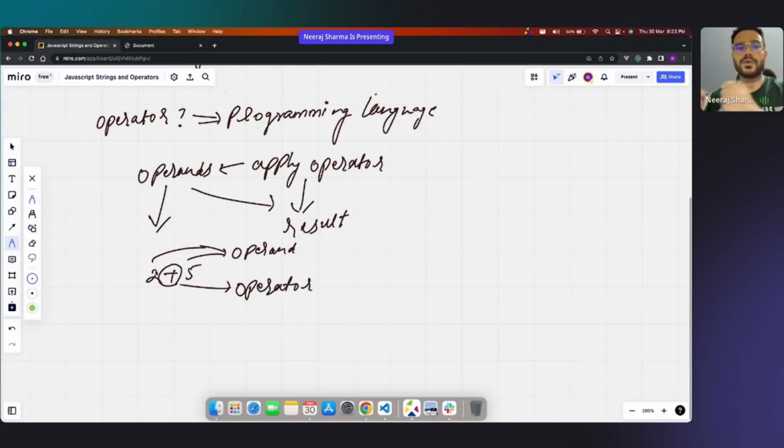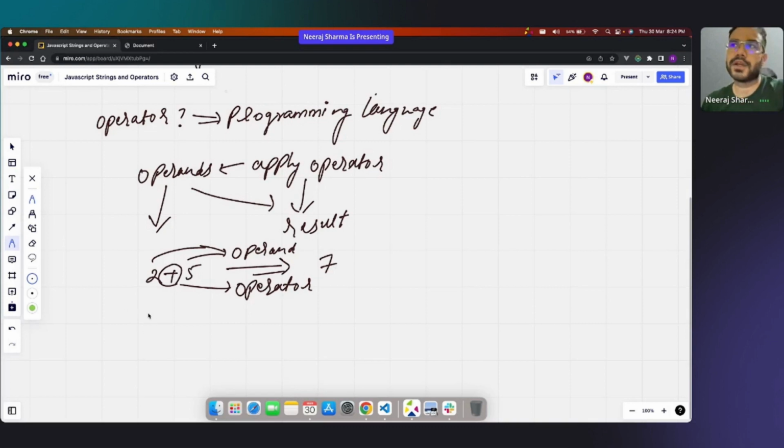When I use operands and apply an operator on top of them, I get something out of it. This is a plus operator. The job of the plus operator is to add two numbers and give me the answer. So 2 plus 5 gives me 7.